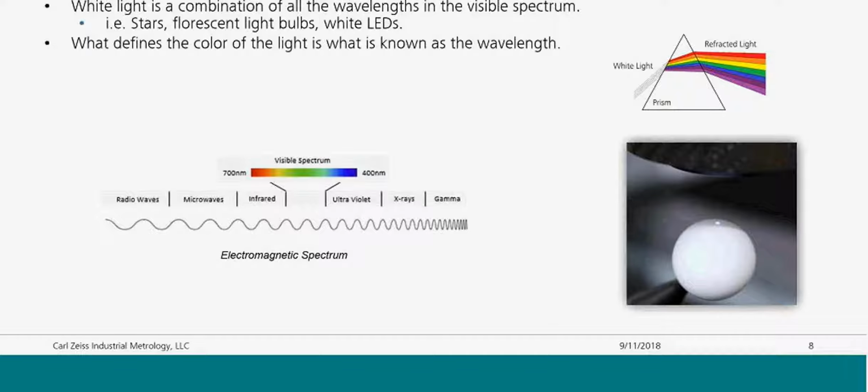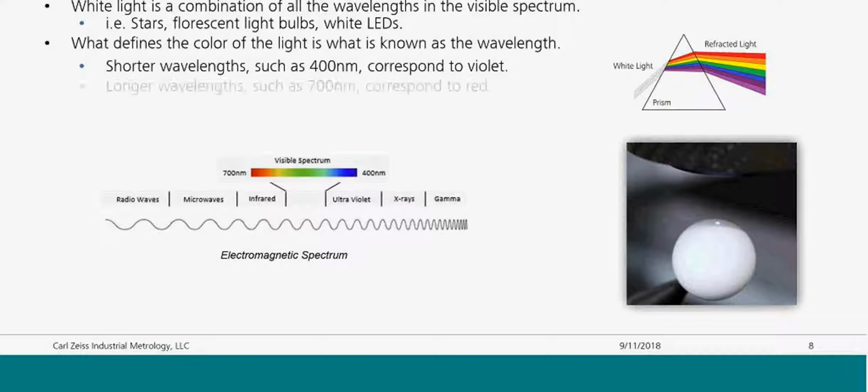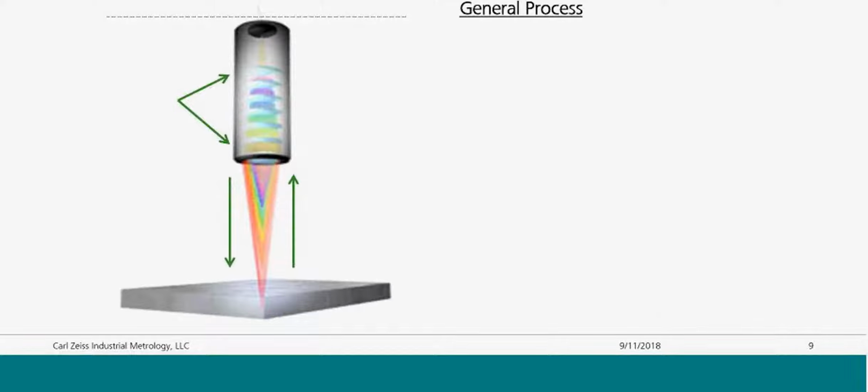That's the distance between one peak to the next peak in a wave of light. We're considering light to be a wave in this case. Shorter wavelengths, such as 400 nanometers, would correspond to violet, whereas longer wavelengths, such as 700 nanometers, would correspond to the red side of the spectrum.